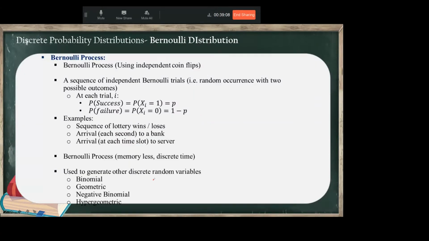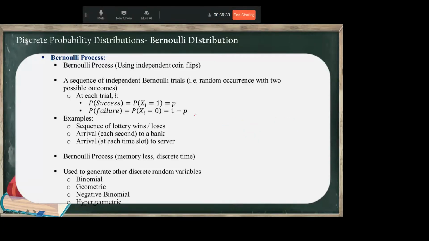It's a process using independent trials. One more thing: in this example, each head is independent of another head. It's possible that all become heads, all become tails, or all become empty. Every outcome is independent of another, right?